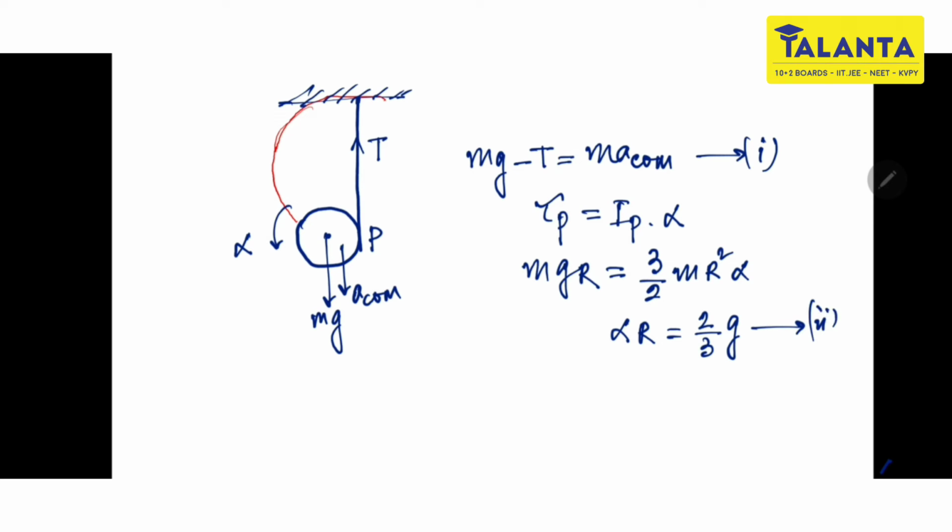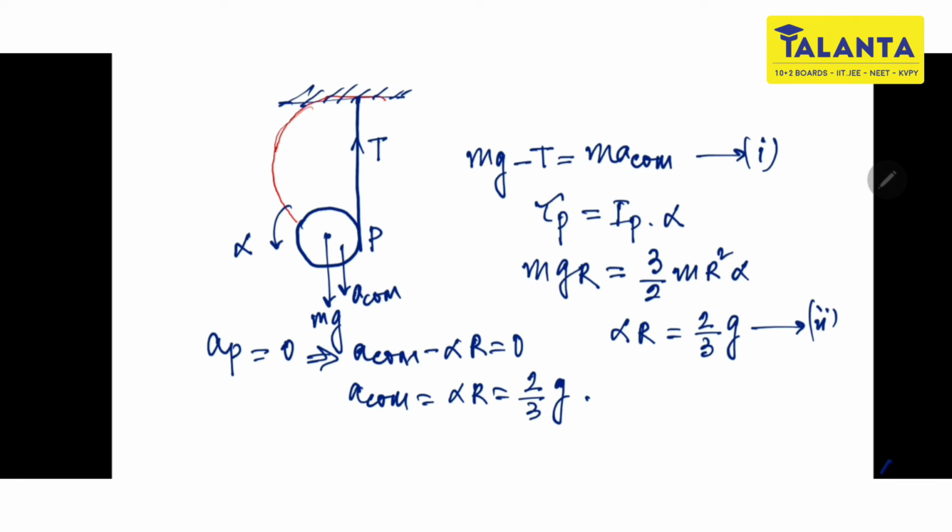This is equation number 2. Now A of COM and alpha are related by the constraint relation. The acceleration of point P is 0, hence AP equals 0, that means A of COM minus alpha r equals 0. So A of COM equals alpha r, that is 2 by 3 g.